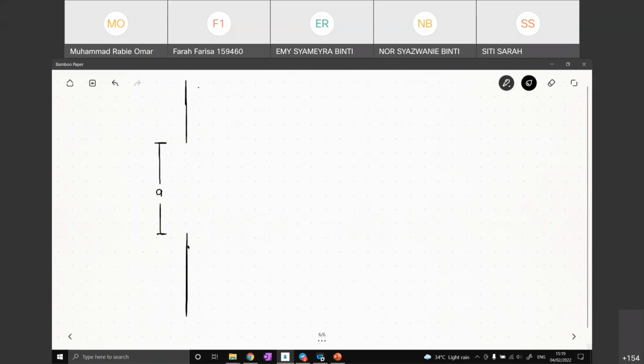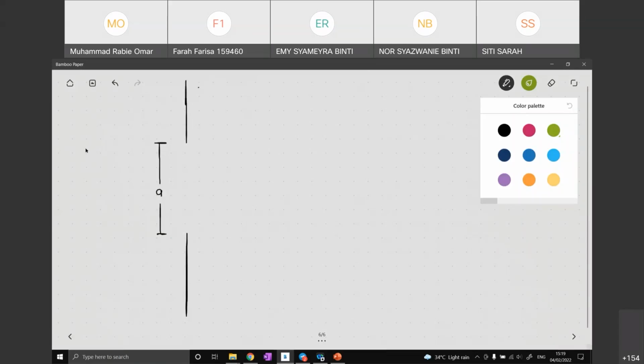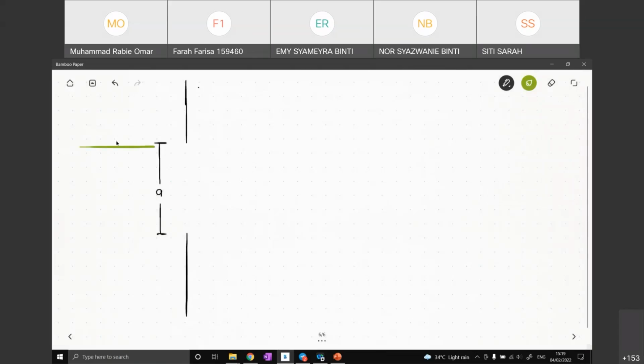The guy here and the guy here will block the light rays from traveling. They will only allow the light rays to travel from the left to the right-hand side, like this.